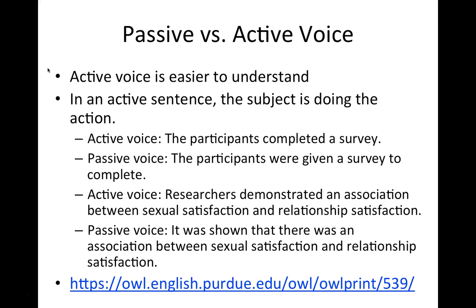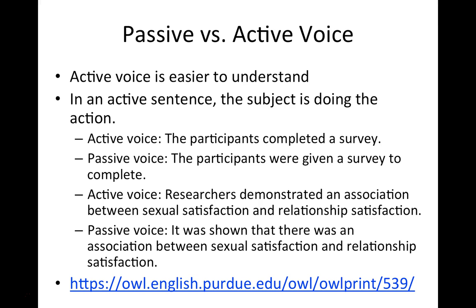A passive voice version is: it was shown that there was an association between sexual satisfaction and relationship satisfaction. So again, "it was shown" is a passive way to say that. We don't know how it was shown, who showed it, and so the active version gives us a much clearer and more concise version.